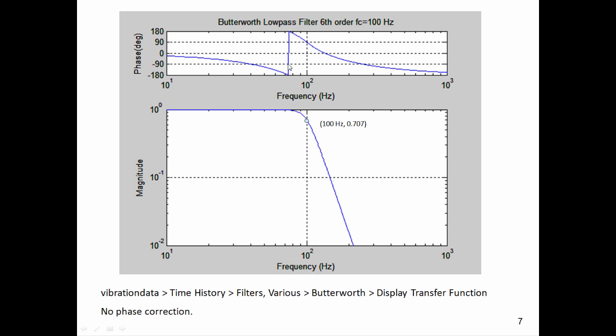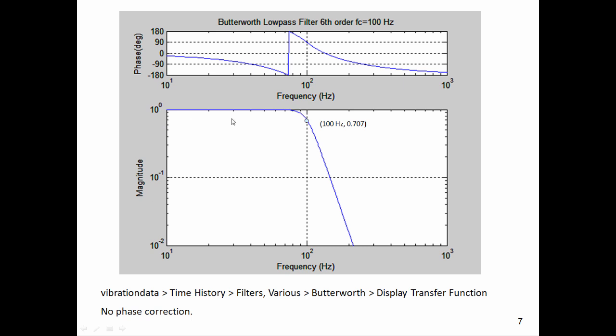If we have some steady state stationary broadband random vibration signal and we're filtering it, phase distortion is probably okay. But if we have a transient signal, then the phase distortion could be a problem. We're going to cover a method for correcting for phase distortion. That'll be in an upcoming slide.